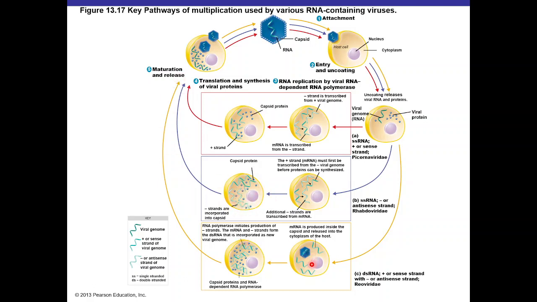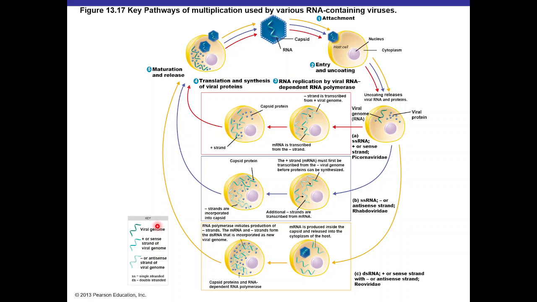In the case of double-stranded RNA, the double-stranded RNA can be positive and negative strand, like in the case of reoviruses, and then you can form the messenger RNA inside the capsid and release it into the cytoplasm of the host. And then you will mature these particles, and then you will release them.